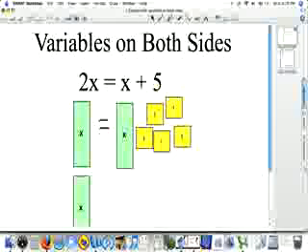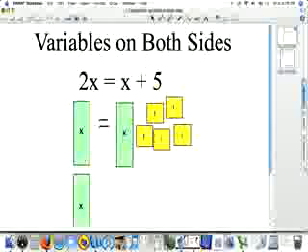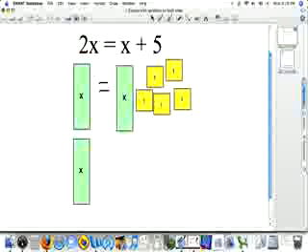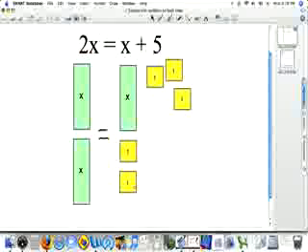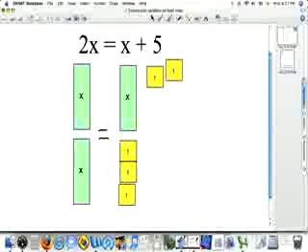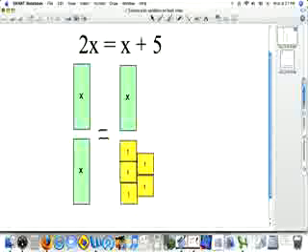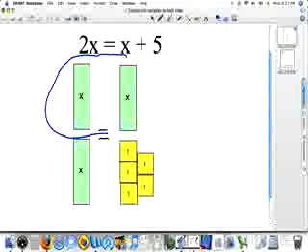So I'm going to split these up a little bit. I'm going to say two x's equal an x, and I'm going to put these 5 down here. Now, maybe you can see what I'm doing and maybe not. If these x's are equal to each other, which I know they are, then what does that mean?